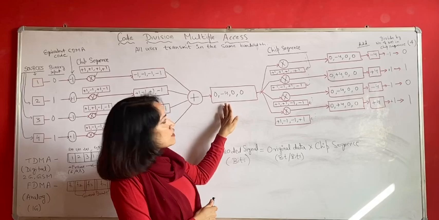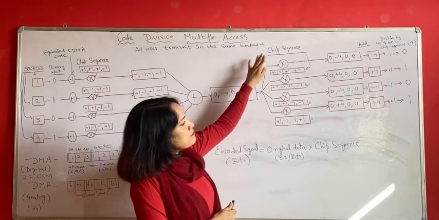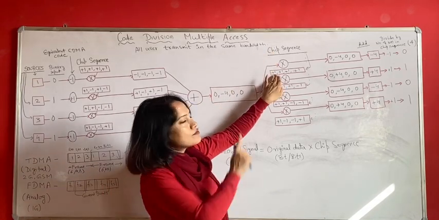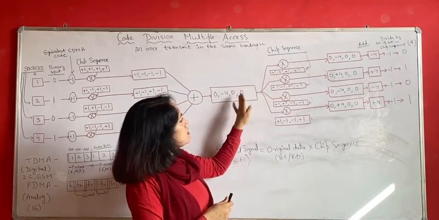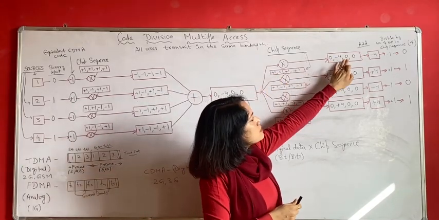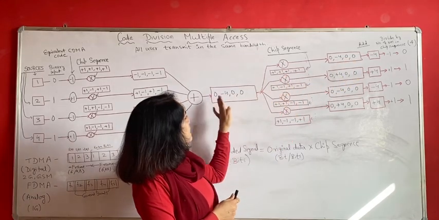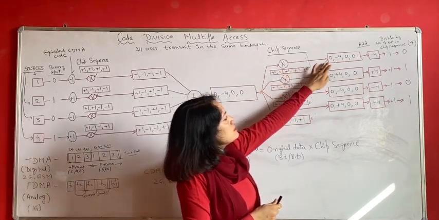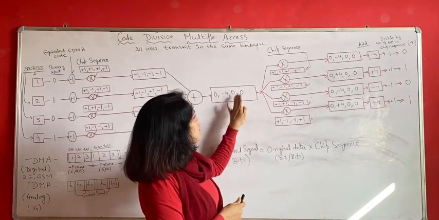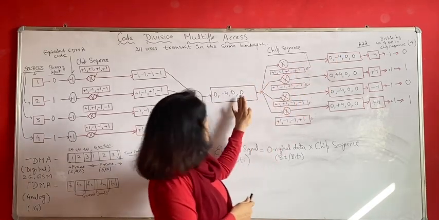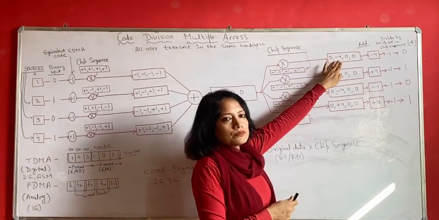Now this encoded data is multiplied with the chip sequence for the first source. What is the result of multiplication? It is 0, -4, 0, 0. How is it multiplied? 0 into +1 is 0, -4 into +1 is -4, 0 into +1 is 0, 0 into +1 is 0.